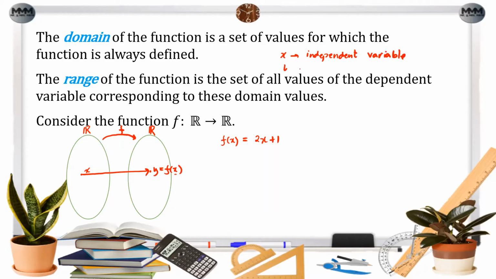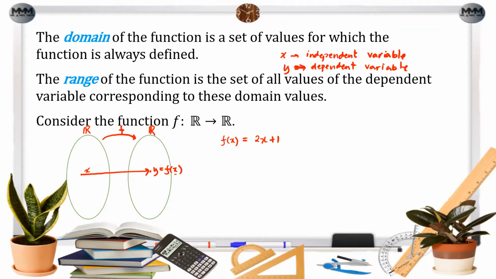And then y is the dependent variable. Why is it called dependent? Because the value of y, the resulting y, will depend on the value assigned to x.